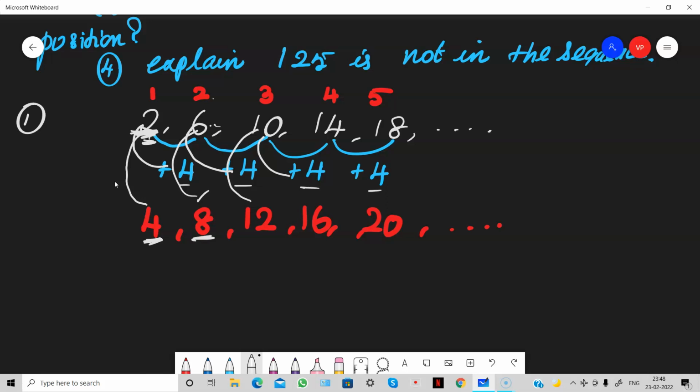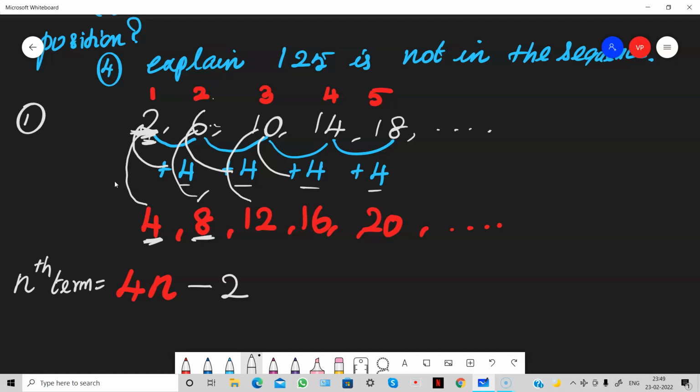So it is reducing by 2. In that case, how do you write it? 4 times n minus 2. This is called the nth term of the sequence.